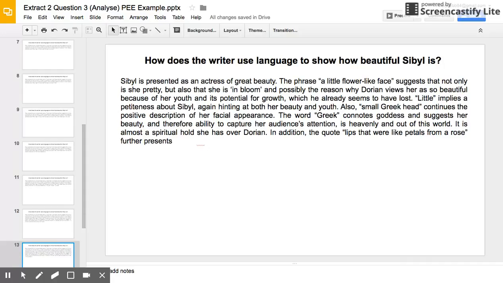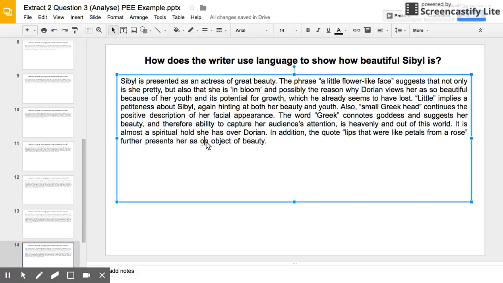Again, I've introduced another quotation. Here I've used further because I want to link it in to an earlier explanation. We'll just change that. That should be an objective beauty. Again, I've explained it. There's no connective here. The last two ones I've done where I've picked out a quotation, there's no connective.